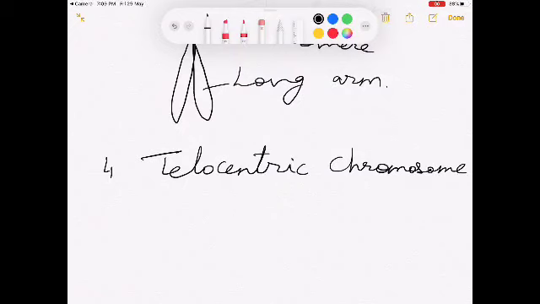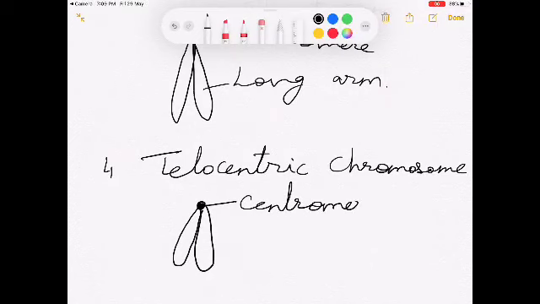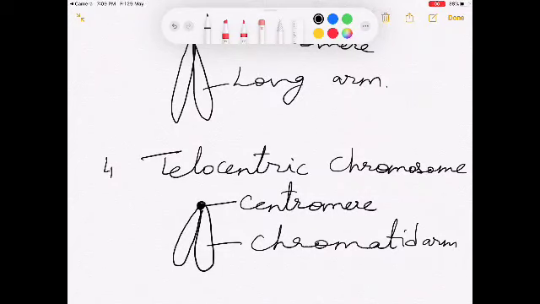In this diagram the centromere is at the tip and there are only the two lower arms. There are no second arms on the top, meaning the centromere is at the tip and the chromatids are lying below it. This is the centromere. These are the chromatids, the chromatid arms. So this is called telocentric.